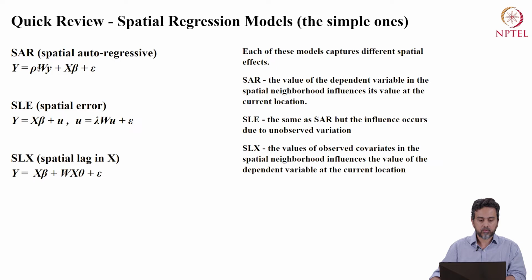So this W, which is the weights matrix, indicates the neighborhood relationships, and this rho is the coefficient of this spatially lagged variable. The W times Y is the spatially lagged version of Y. So if Y is groundwater level at location I, then WY is the groundwater level in the neighborhood of I, in the neighbors of I.